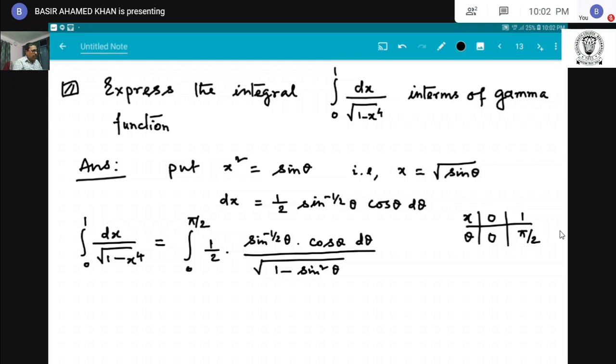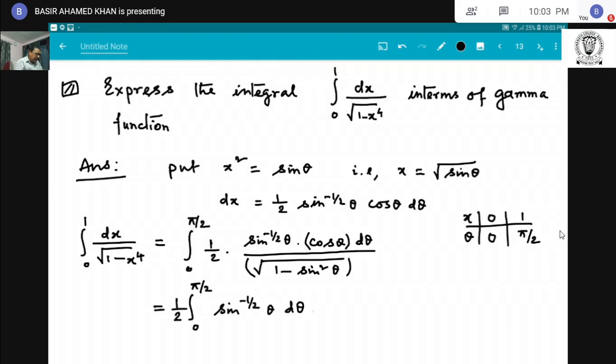In this equation I put the half on the left side of the integral from 0 to pi by 2, and the cos theta and the root cancel, the same, and we get sine to the power minus half theta d theta.